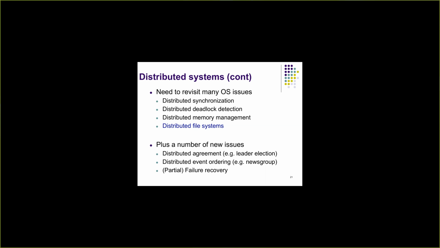And along with the other complexities in the OS design, there are other new issues depending on the type of distributed system. In a few cases, a distributed system may need to select a node as its leader. So this is a problem of distributed agreement.